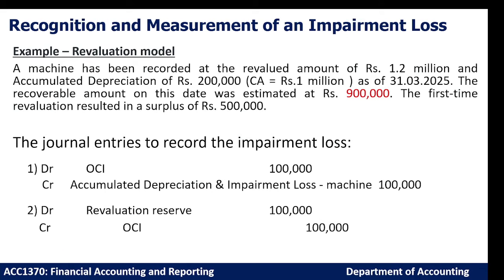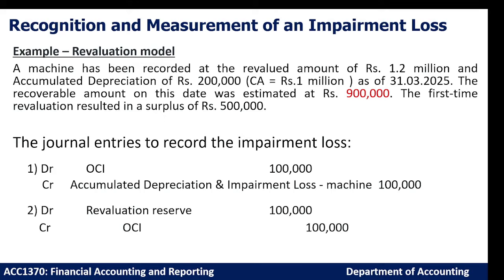So the carrying amount is 1 million, that is given as of 31st March 2025. The recoverable amount of this date was estimated at 900,000, that is given. The first time revaluation of the same asset resulted a surplus of 500,000.